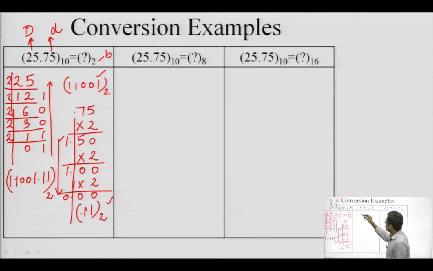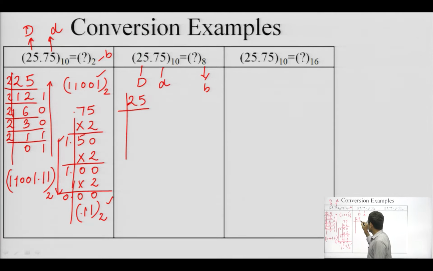Here we can see now this D, capital D and small d I have retained same 25 and 0.75, and this now B is updated to 8, that means it is now an octal number. So, the rule is again the same. I will be dividing this 25 continuously by 8. Okay.